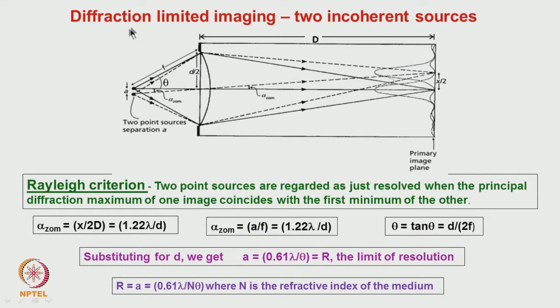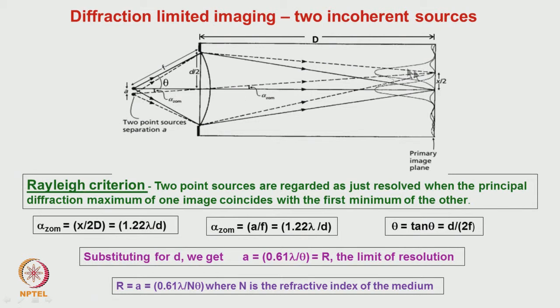So, for this diffraction limit which we have considered, for a single point source, what is the sort of image which is formed? The image has a central disk and a varying intensity, so some rings could be seen outside. Suppose we have two incoherent sources, one and another source which is close by.